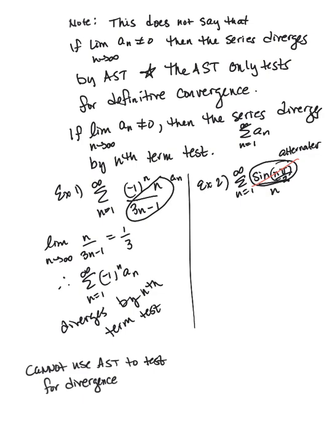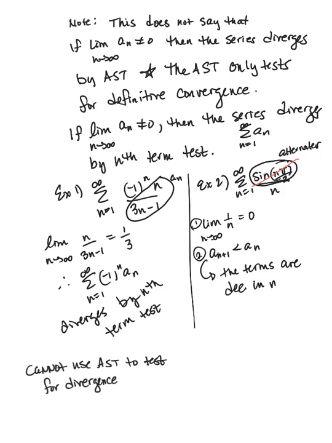I would have to say that the limit of 1 over n as n goes to infinity is equal to 0. And then I would have to say that a sub n plus 1 is less than a sub n at some point, or you could just say the words, the terms are decreasing in magnitude. So you have to have both of these parts. So since we have both of these, therefore the series sine of n pi over 2, divided by n, converges by AST.